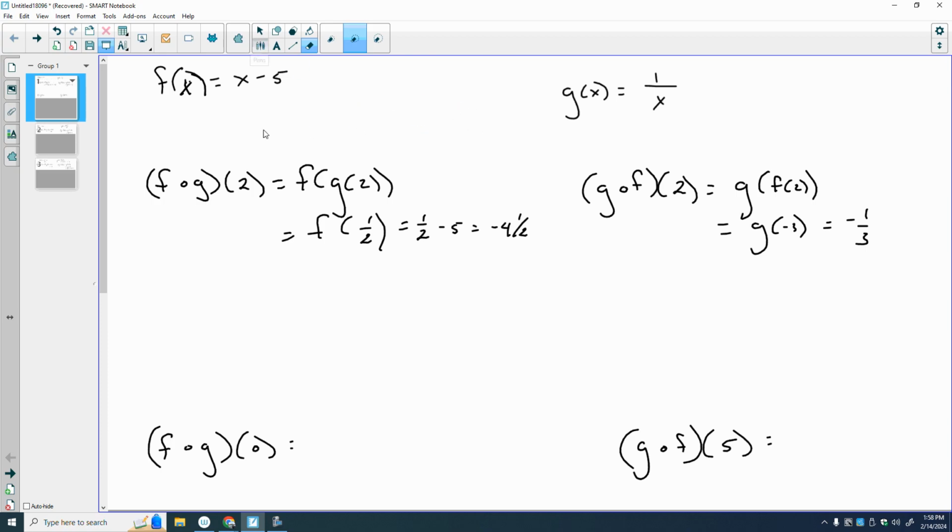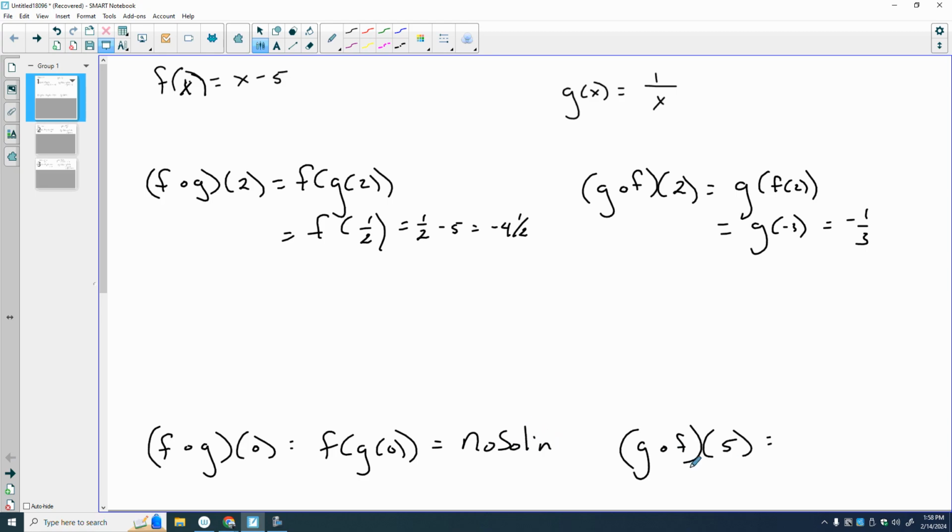Does this function work? What is f of G of 0? So this says put 0 into G. Putting in 0 for G, I get f of 1 over 0. Well, 1 over 0 doesn't make sense. It's undefined. So this has no solution.